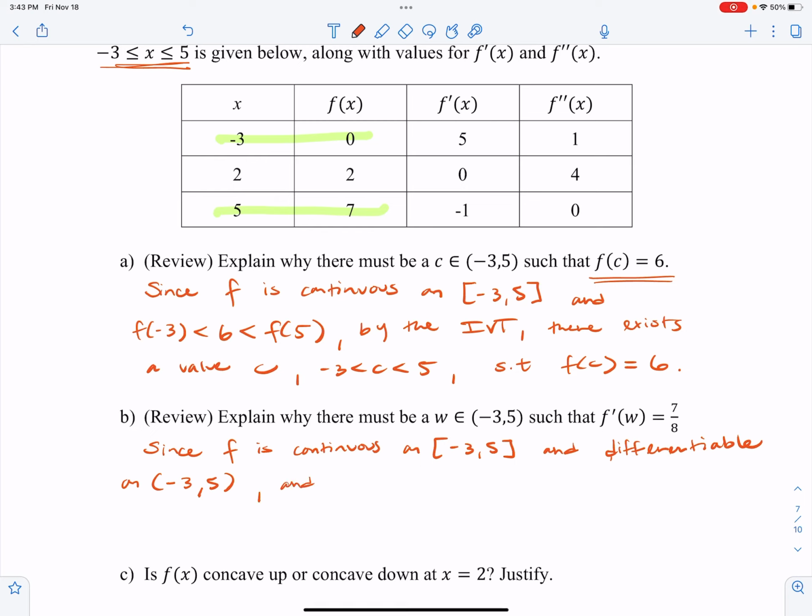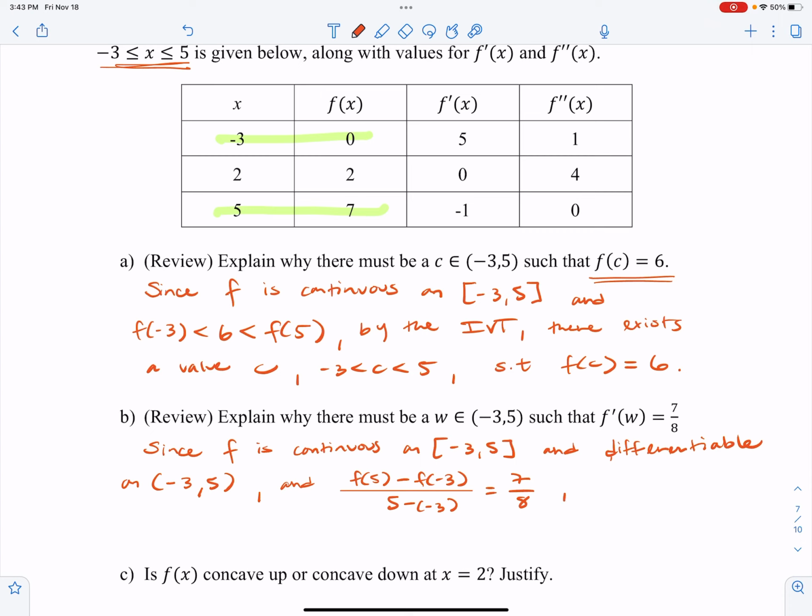And let's find the average rate of change. I bet it's equal to positive 7/8. Let's see. So f of 5 minus f of -3 divided by 5 minus -3 would be equal to 7 minus 0 over 8. So 7/8.